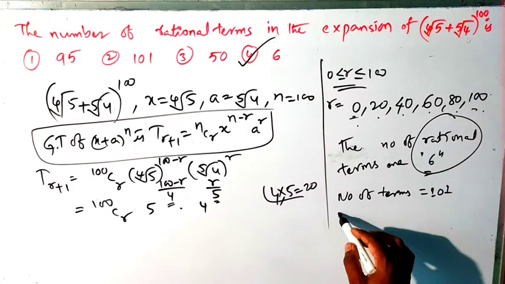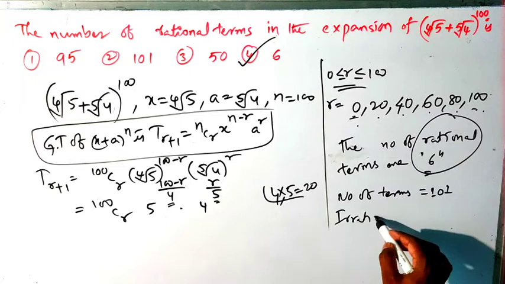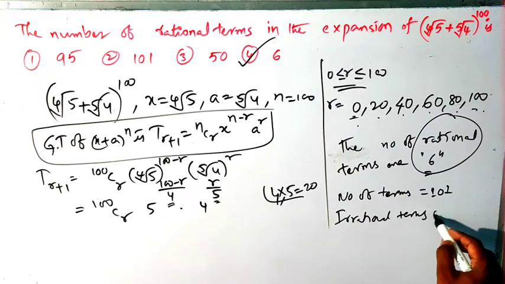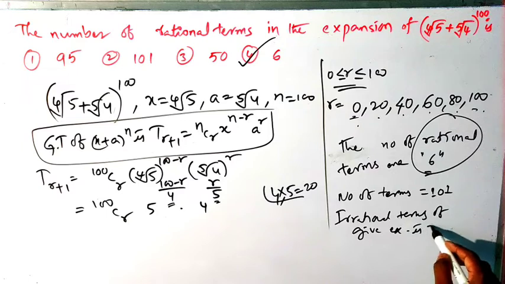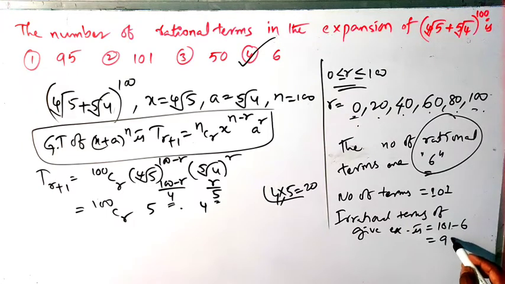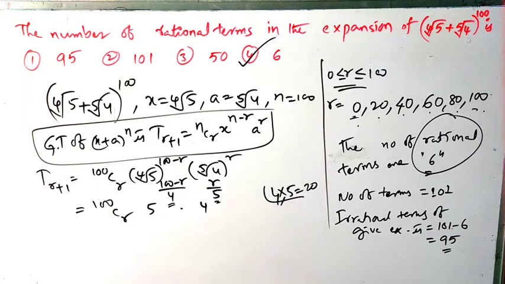So the irrational terms of the given expansion are 101 minus 6, that is nothing but 95. Suppose we find the irrational terms of the given expansion, then the first option is the right answer.